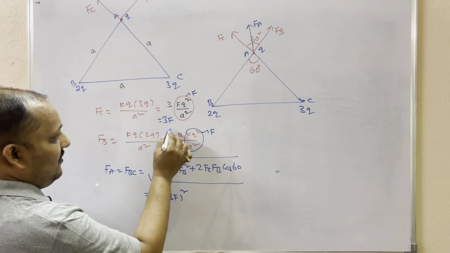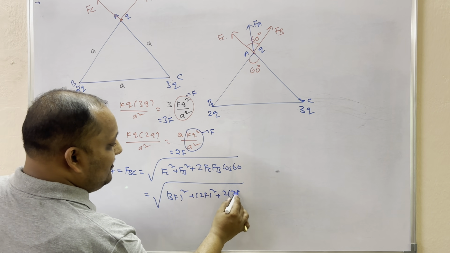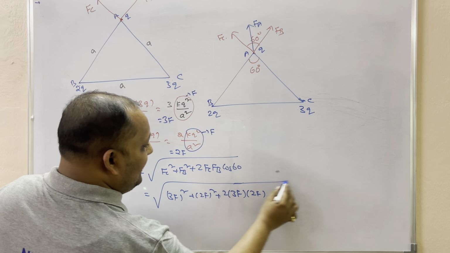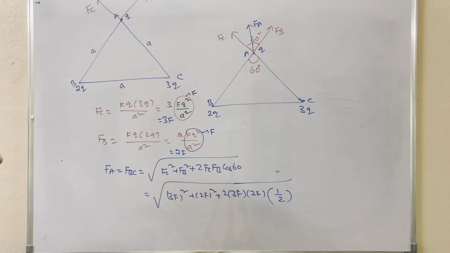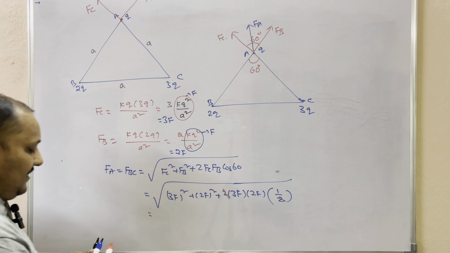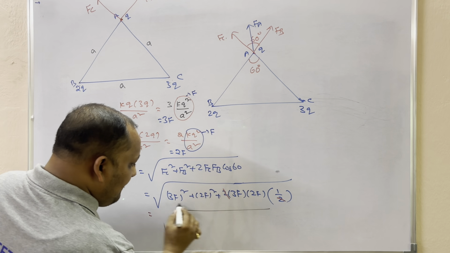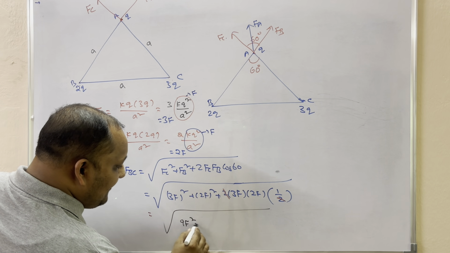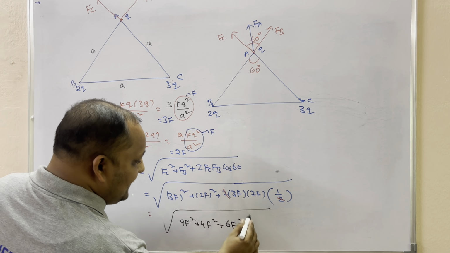3f whole square plus 2f whole square plus 2 into 3f into 2f into what is cos 60 value. Cos 60 value is going to be 1 by 2. Now if you cancel 2 and 2, now you can expand this. Whenever you are expanding 3 square is going to be 9f square, 4f square, 3 into 2, 6f square.